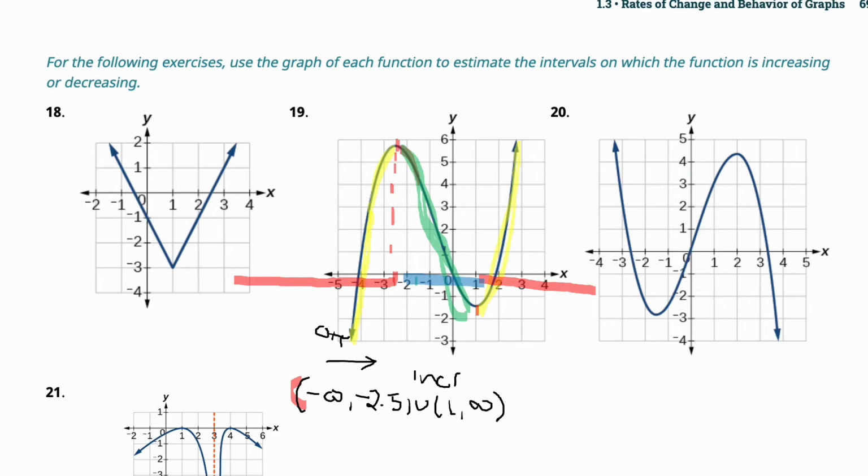So we would say we are decreasing from, sorry, I'm not very good at writing with a mouse, but here we go. So we have from minus 2.5 to 1, like that. And that would be the interval where it's decreasing.